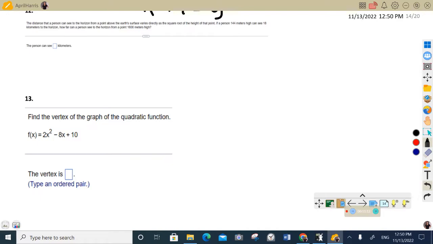Okay, number 12. The distance that a person can see to the horizon from a point above the Earth's surface varies directly. Okay, so distance varies directly as what? As the square root of the height of the point. So distance varies directly, so some constant k times the square root of the height of that point.